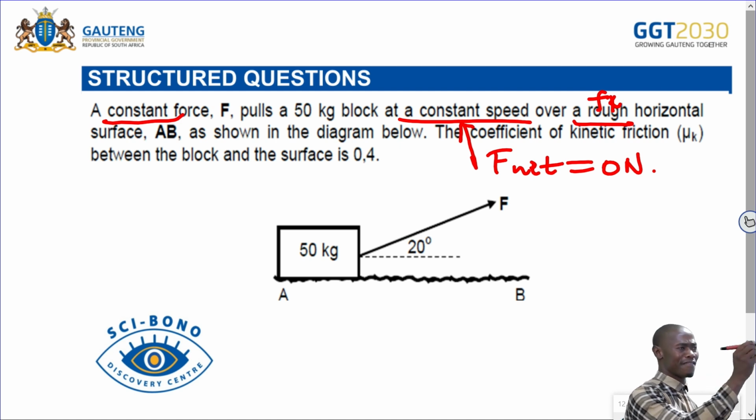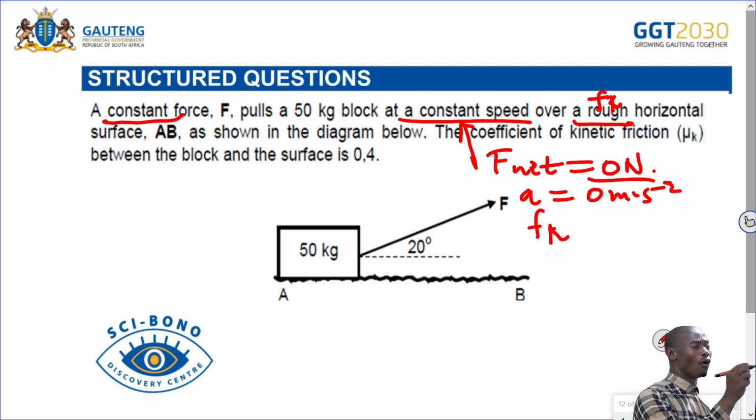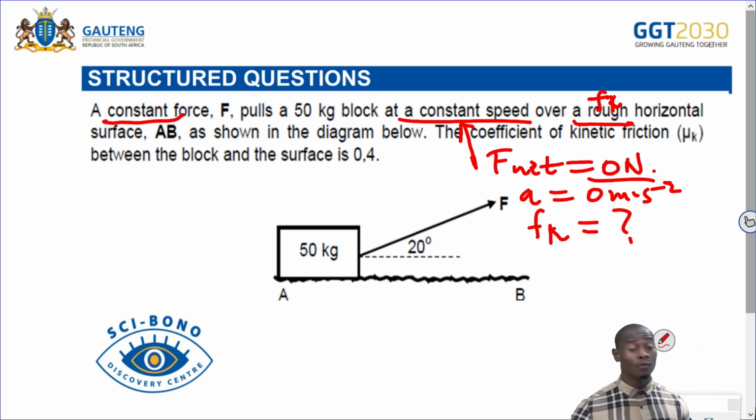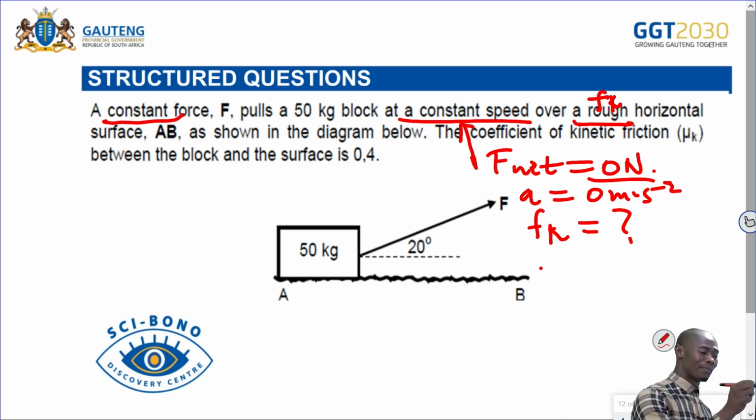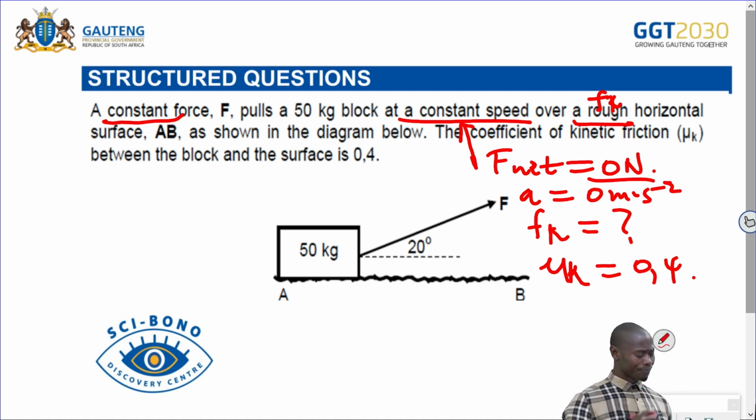Here I'm given Fnet, and acceleration as 0 meters per second squared. You are also given Fk. You are not given the magnitude of Fk, but already you know that there's Fk. But I'm given mu k, which is equal to 0.4. Remember, the coefficient has no units. So this is what is given, okay?